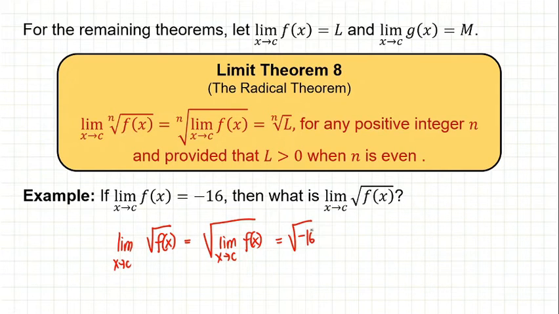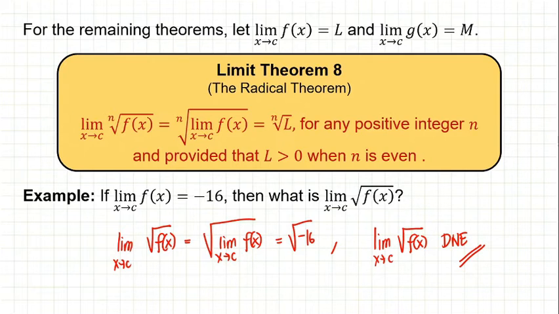Here, negative 16 is not greater than 0. Therefore, since our n is even, the limit will not exist. Therefore, we will conclude that the limit of the square root of f of x as x approaches c does not exist. Okay? So that is now the case.